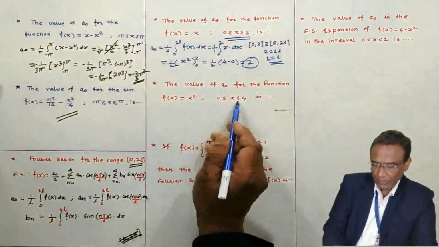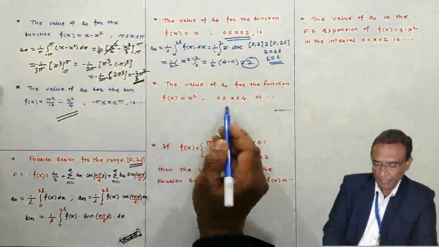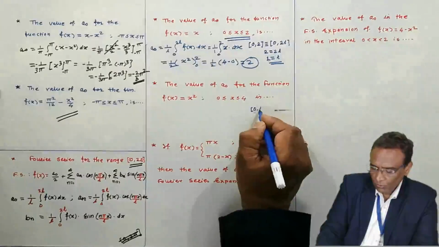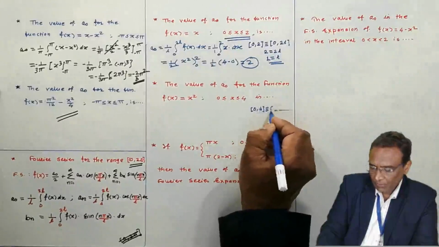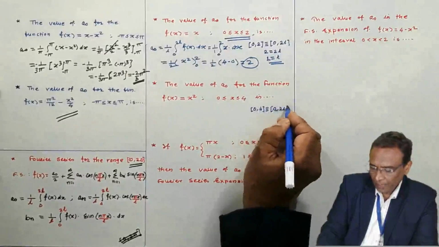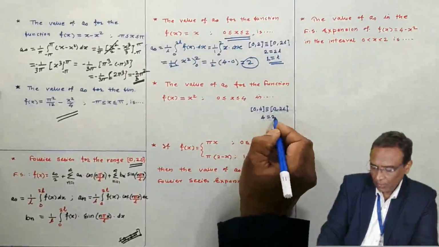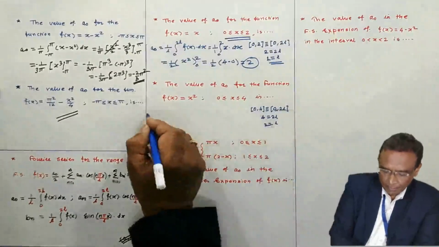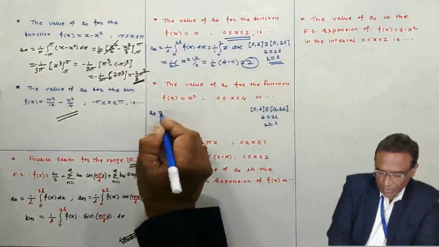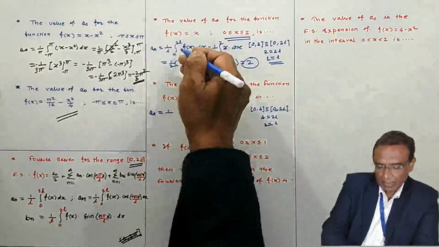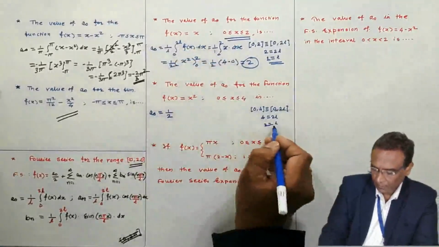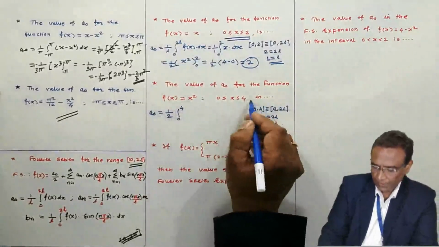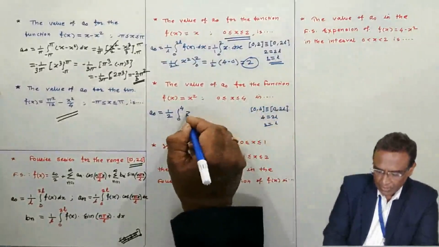Let's find the value of a0 for this. This 0 to 4, you can equate with 0 to 2L, and 4 equal to 2L, means L equal to 4 by 2, which means 2. And what is the formula for a0? 1 by L, I am writing directly, 1 by L, 0 to 2L, f(x).